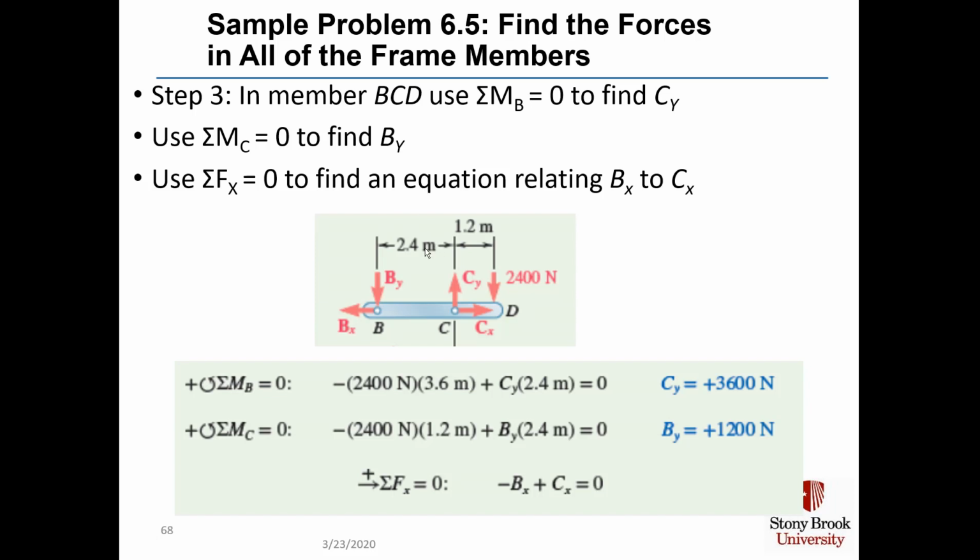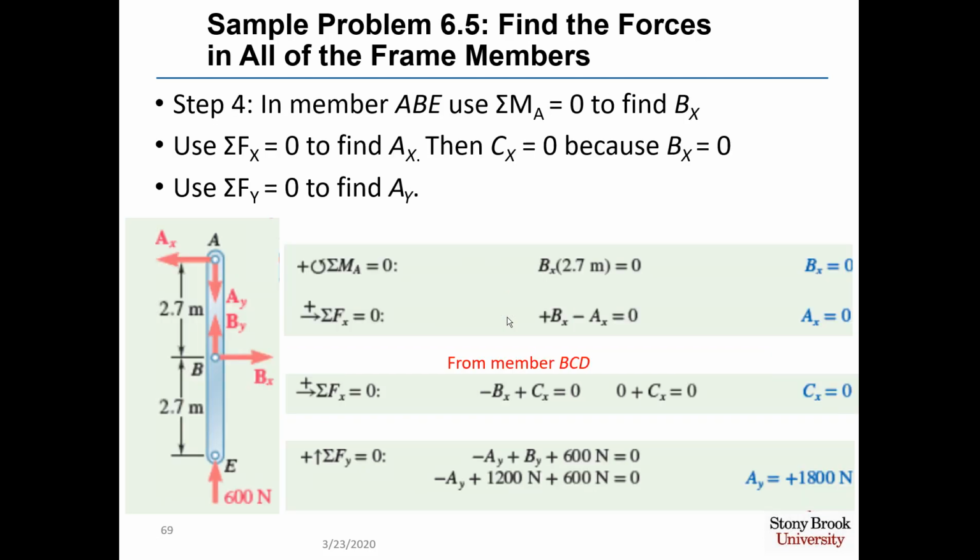Set that to 0, and we find that BY equals 1,200 newtons, also shown in the direction that we have it in this diagram. When we sum the forces in X equal to 0, all we can conclude is that minus B sub X plus C sub X is equal to 0, and we can't get any further than that.